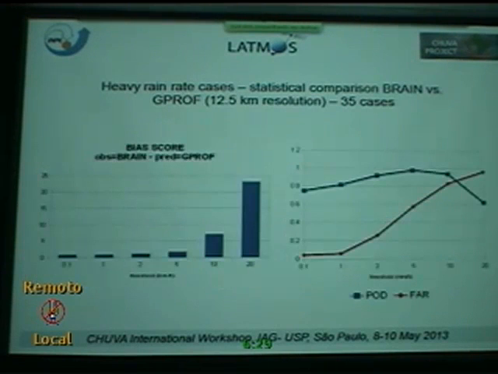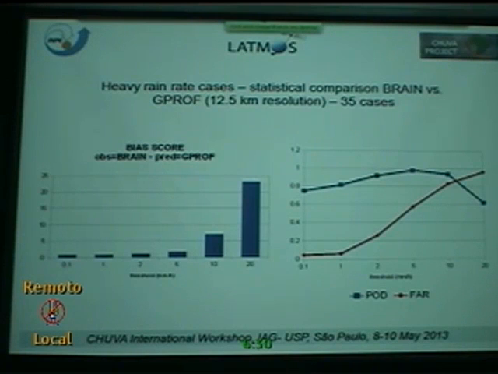This is the bias score, and this is POD and FAR, false alarm ratio. It's not validation stuff. It's just a comparison. I put BRAIN as observed and QPROF as predicted, but it's not observed and predicted. It's just a comparison of these two results, where we can see that for very high rain rate, the bias score is very large, and we have large values of POD also for high rain rates.